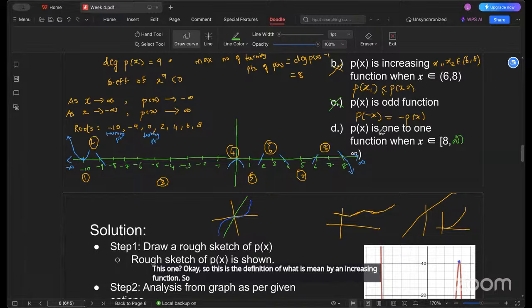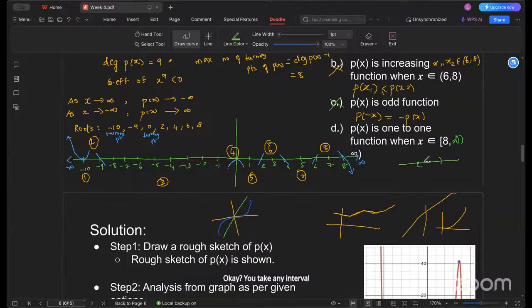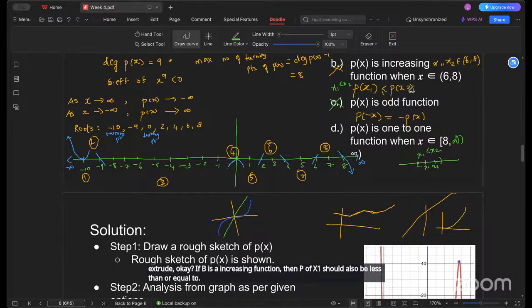Suppose you take any interval and any 2 points, x1 less than x2. Here x1 less than x2 is important. If p is an increasing function, then p of x1 should also be less than or equal to p of x2. That's the definition of an increasing function.